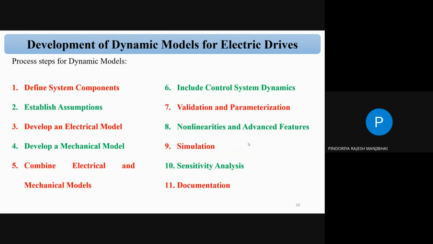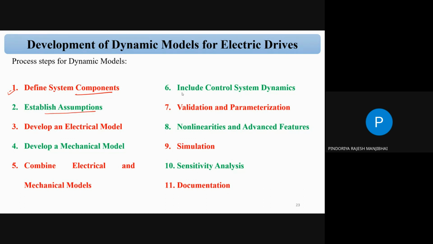Yes, so these are the major components, or we can say the process steps for the dynamic models. Total 11 steps. These steps are the most important. Suppose you want to model any component, any drive. First we have to define the system components, then establish the assumptions. We also have to consider assumptions, maybe the temperature, the room condition, the permeability of the material, the air permeability, the flux, the distance.